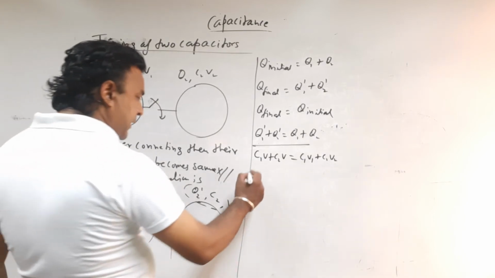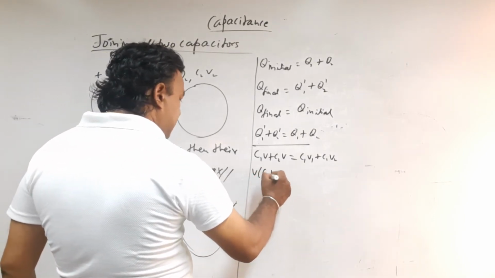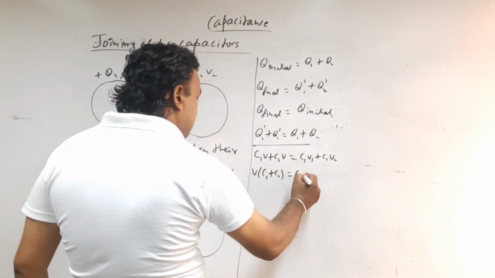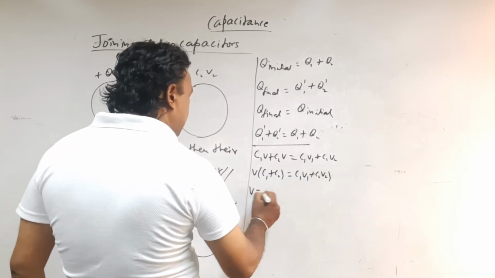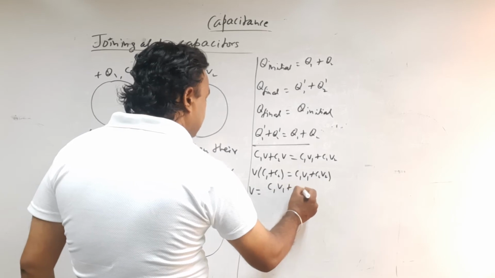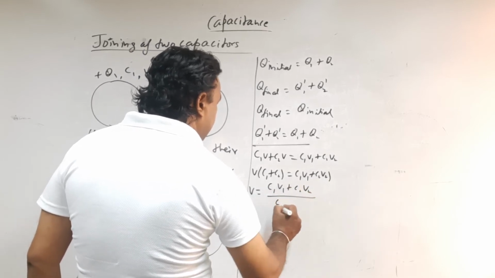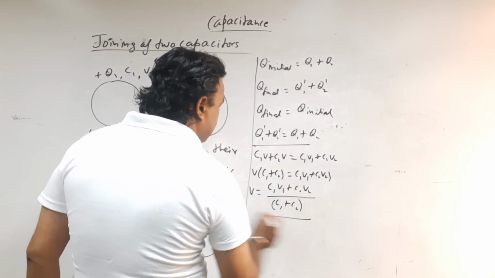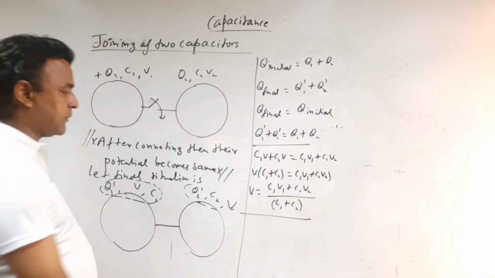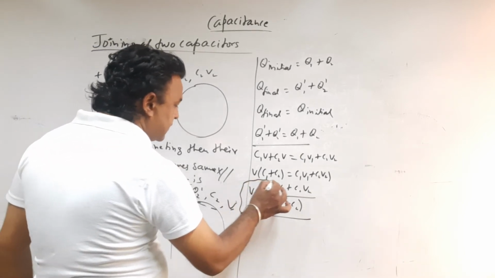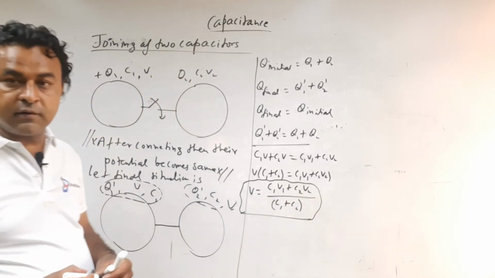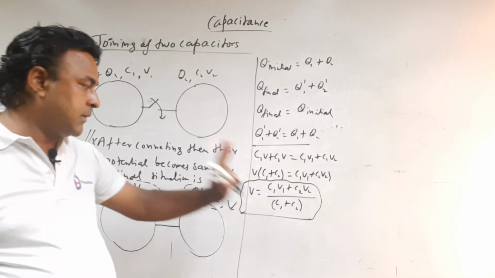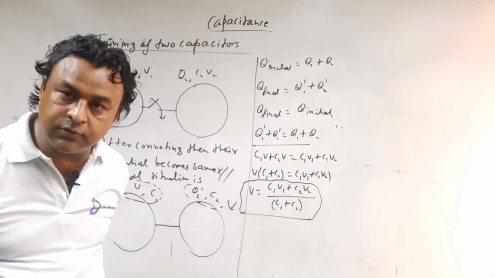In this way I have v times c1 plus c2 equal to c1 v1 plus c2 v2, and v is equal to c1 v1 plus c2 v2 upon c1 plus c2. This is the common potential. c1 v1 plus c2 v2 upon c1 plus c2. This is the common potential in this situation.